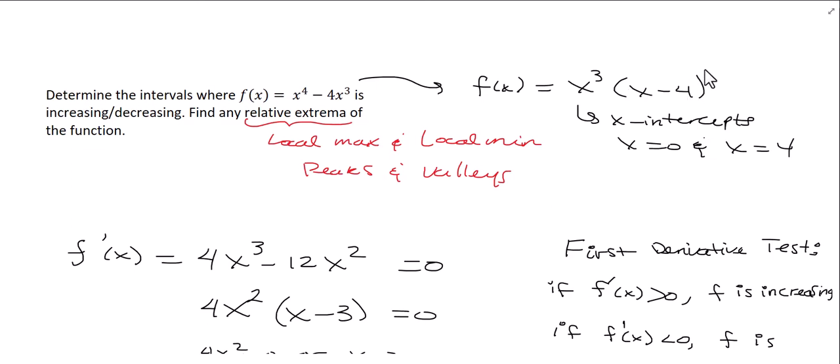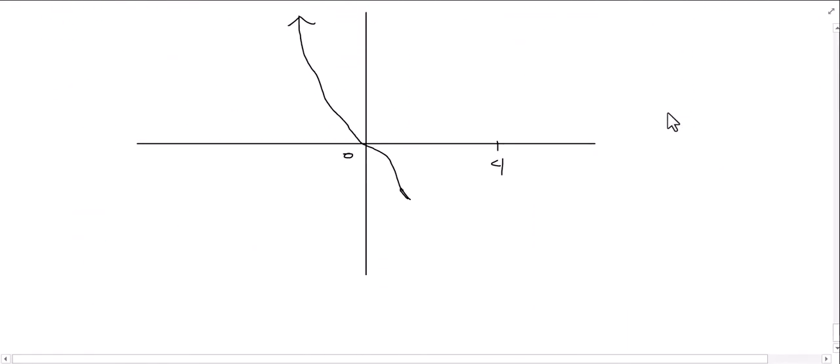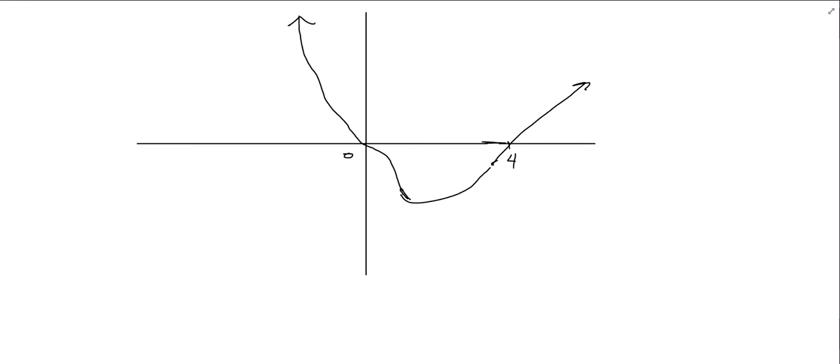For example, had this been squared, we would have gotten to 4 and then looked like a parabola there. So here it has to come back up and then cross at 4.